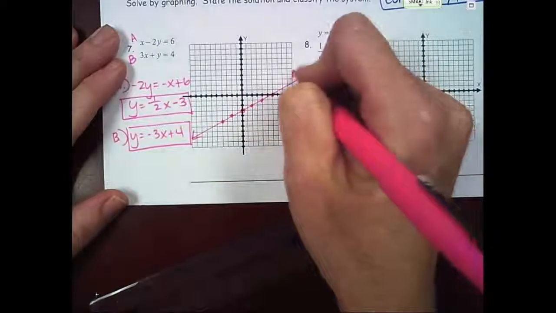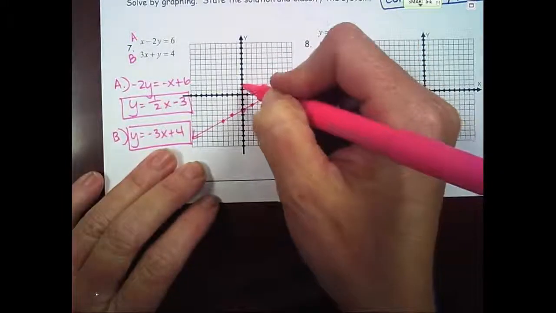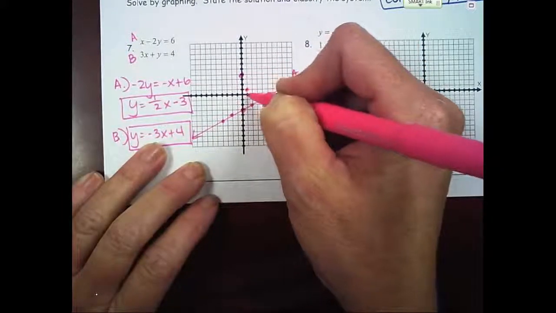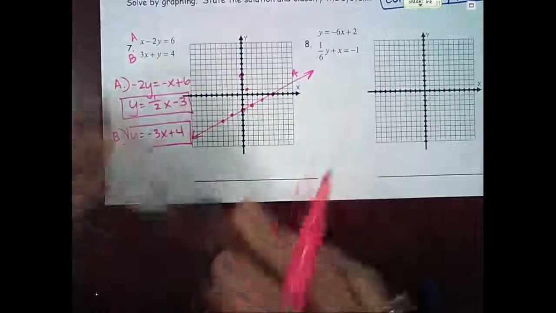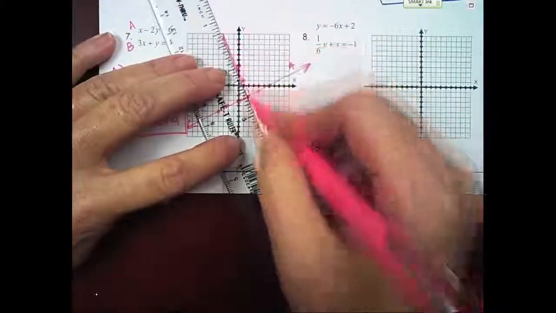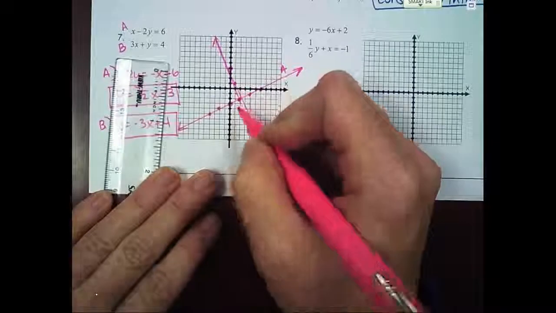It's line A. And now graph line B. Start at 4 and a slope of -3. And I found the intersection. So they intersect at right here. 2, -2.